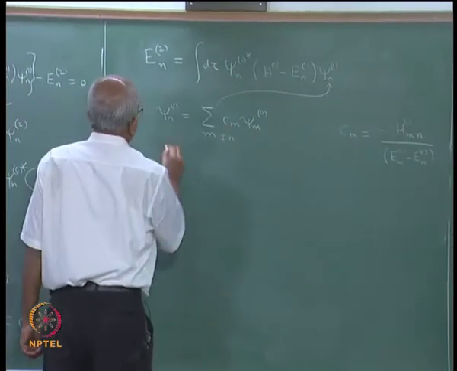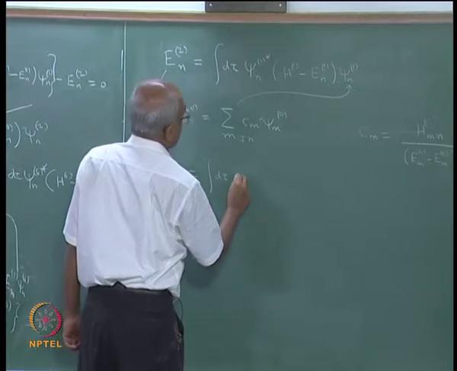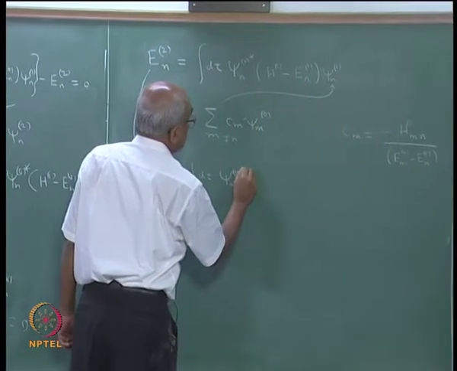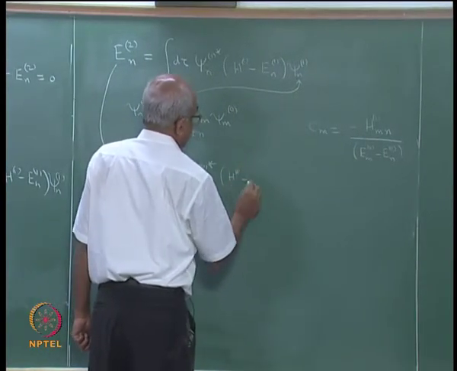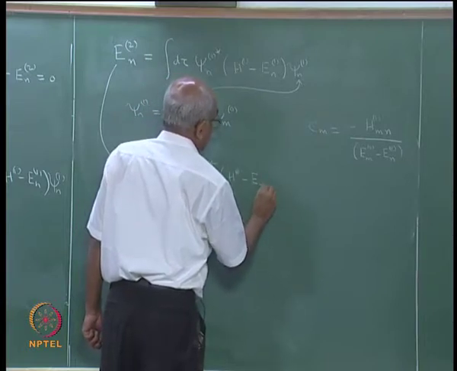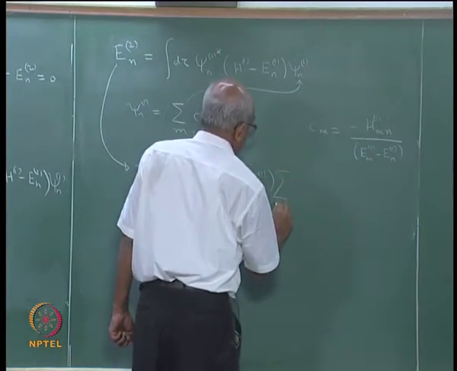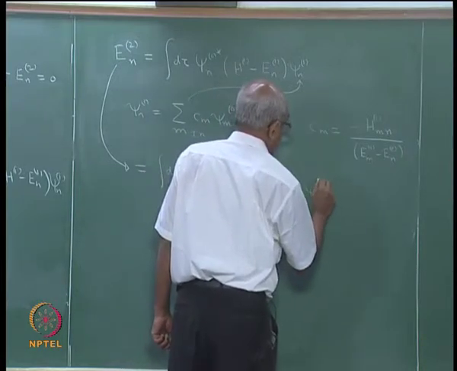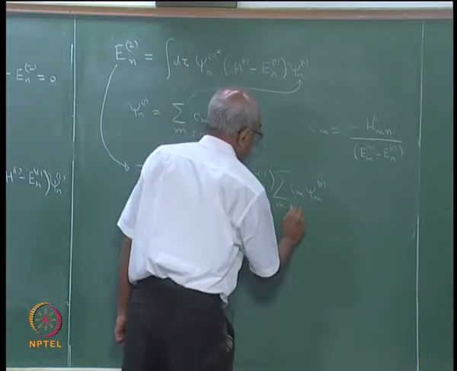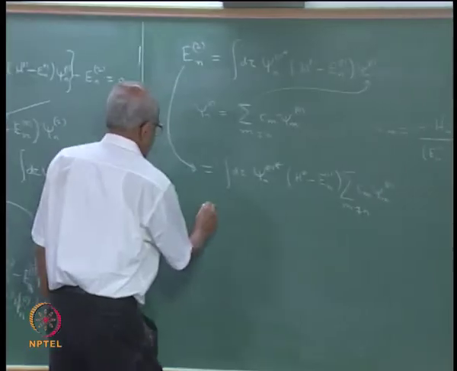So what will be my En2? En2 I will continue. It is going to be the integral d tau of psi n0 star, H1 minus En1, summed over all values of m, Cm psi m0, where m is not equal to n. Very simple things to do now.